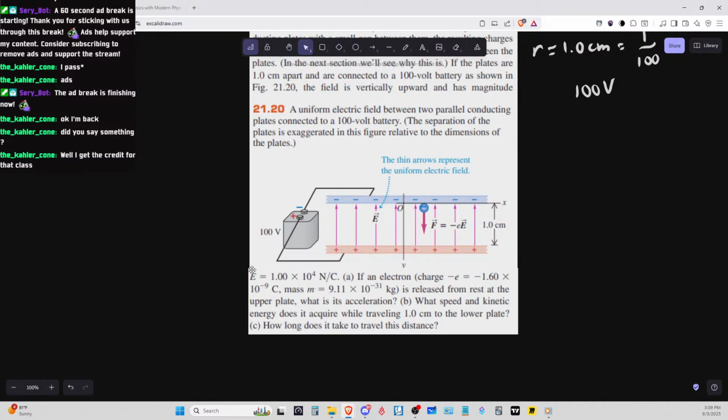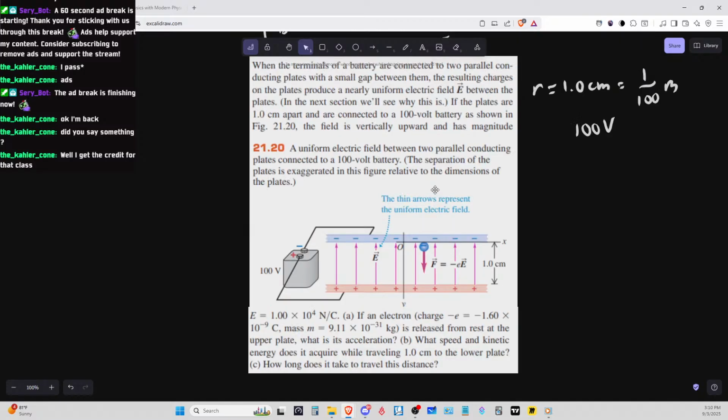There's a different formula for this one. You'll have to derive this one, probably. Oh, here we go. So we've got E, E is 1.0 times 10 to the fourth newtons per coulomb.